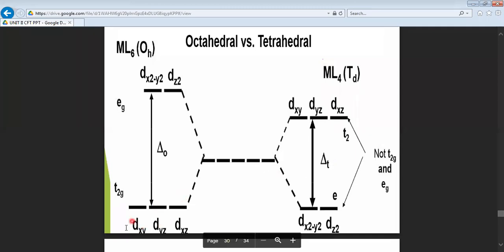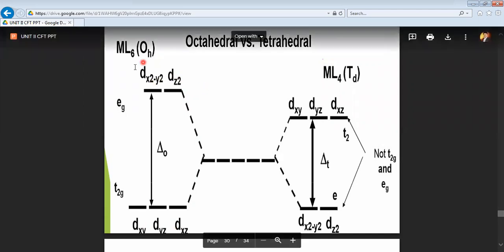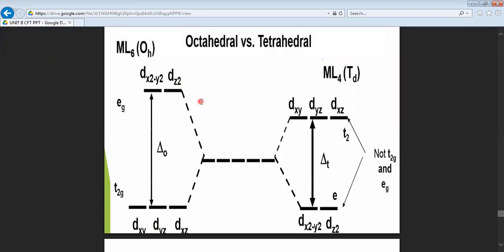These are lower energy: dxy, dyz, dzx. These are higher energy: dx square minus y square, dz square. Why do they have higher energy? The reason is repulsion between the ligands and dx square minus y square, dz square.